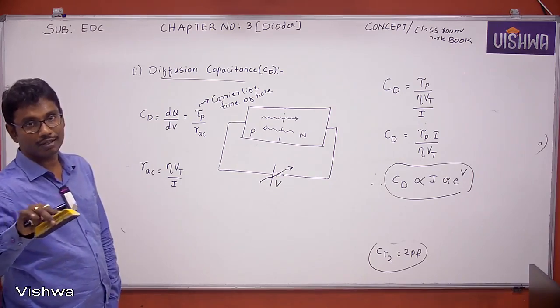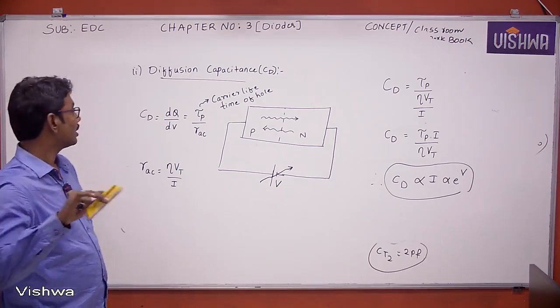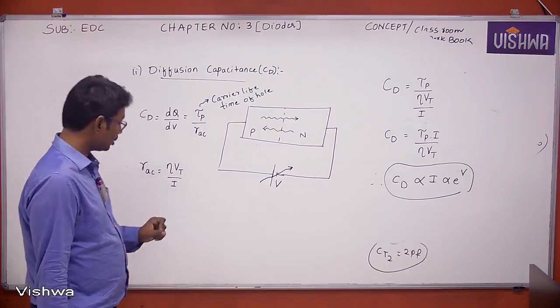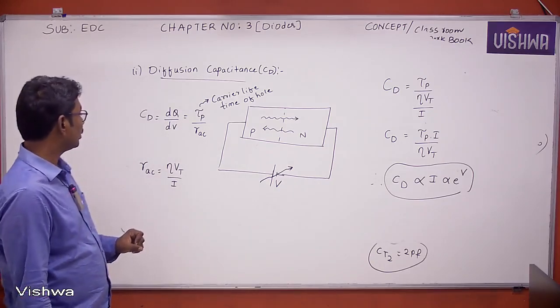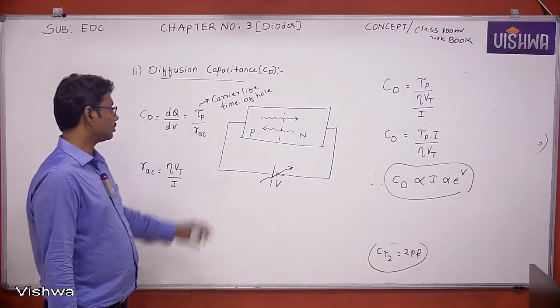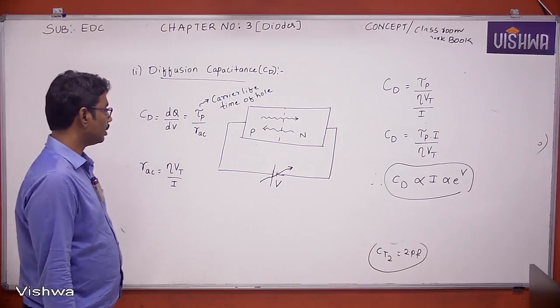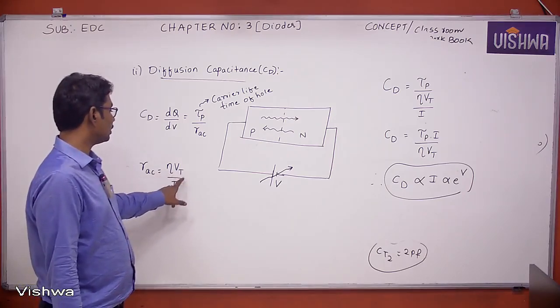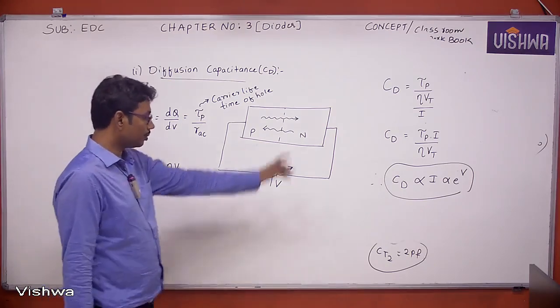Underline diffusion capacitance. That is CD equal to dq by dV, which is equal to tau P by RAC, where RAC is equal to eta into Vt by I. Also copy.